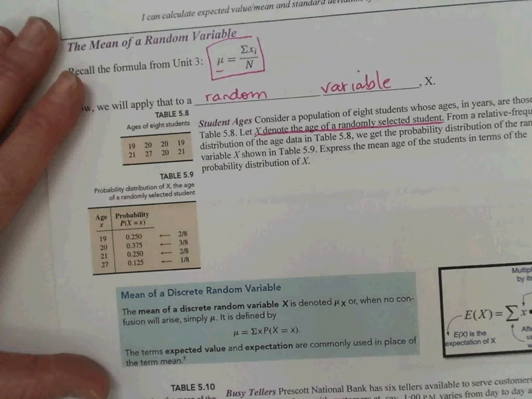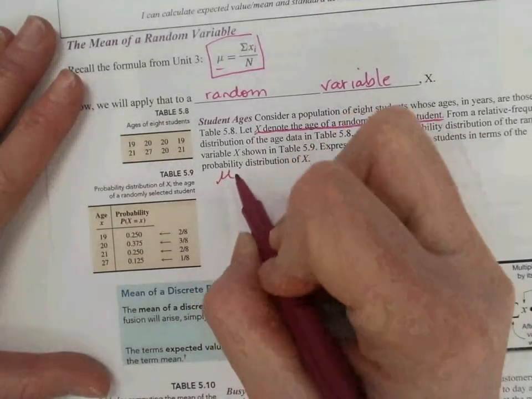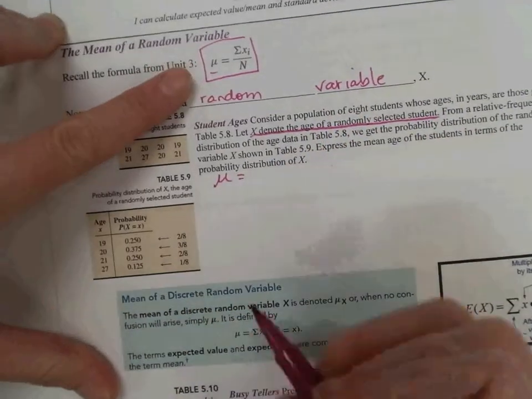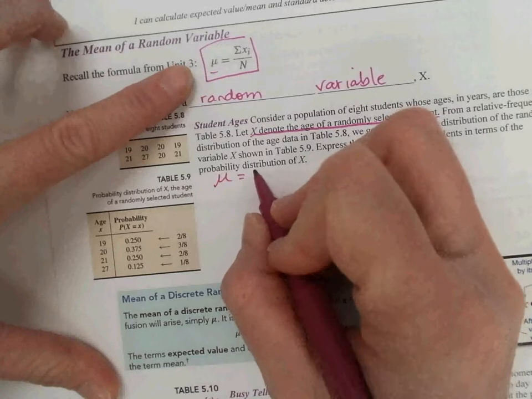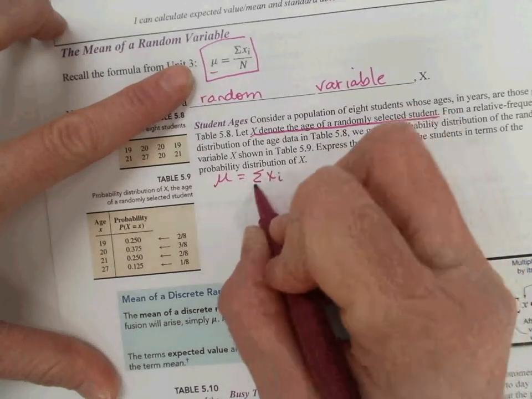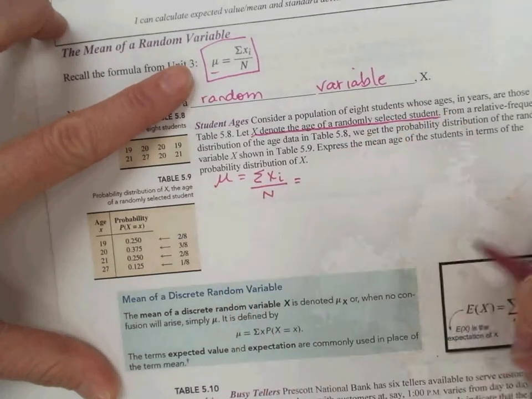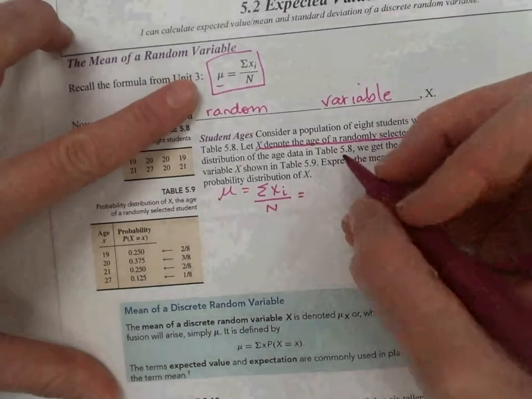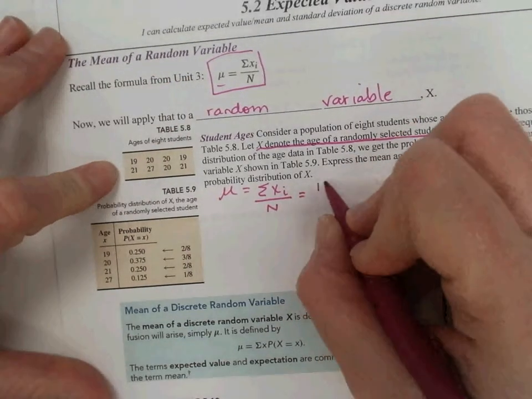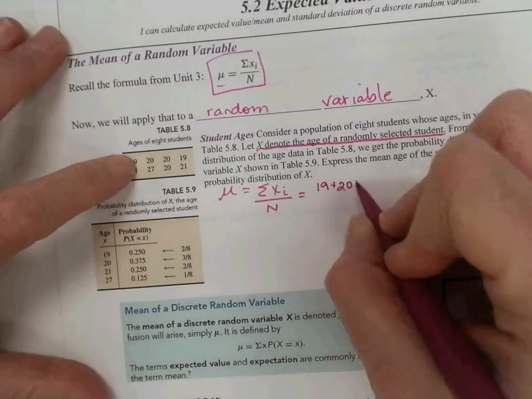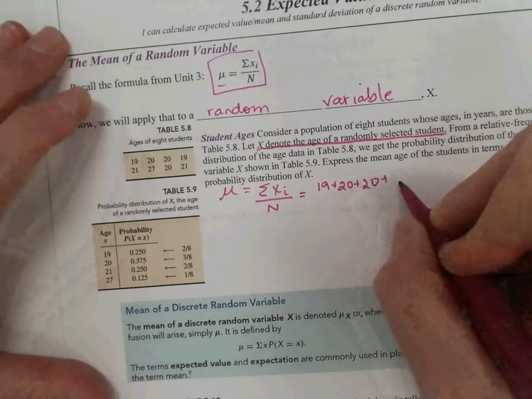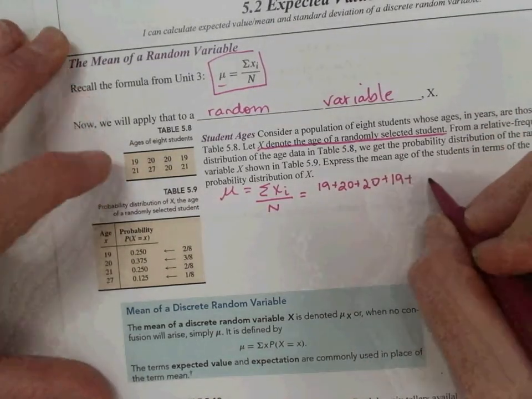So we'll do that using our formula above. So mu is equal to the sum of all the x values divided by n. So in this case, we just add them all together. We have new notation, but it's a process that we've been doing for years to calculate the average.